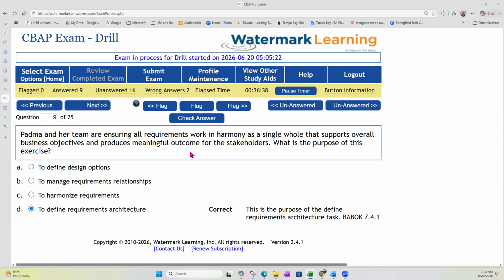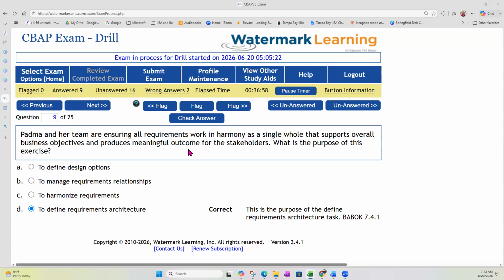So the output or outcome is more important for this question, not the harmony. It's more the single whole that supports overall business objectives.